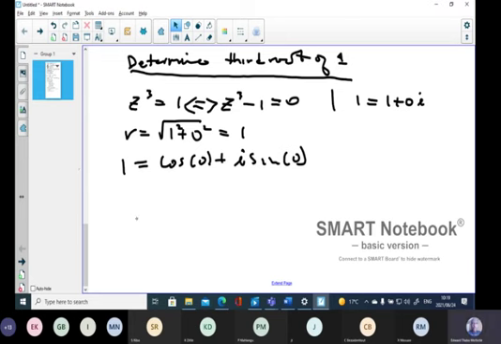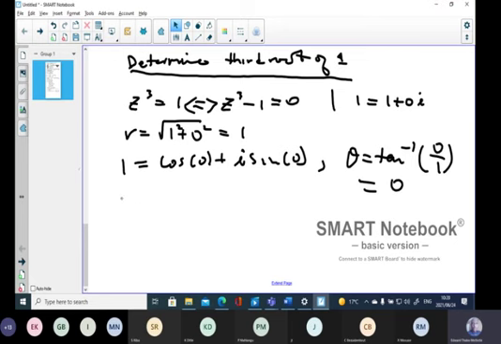Now I think we have all the information that the angle theta is equal to tan inverse of y over x. Our y is 0, so it's 0 over 1, and this is equal to 0 when you punch your calculator.